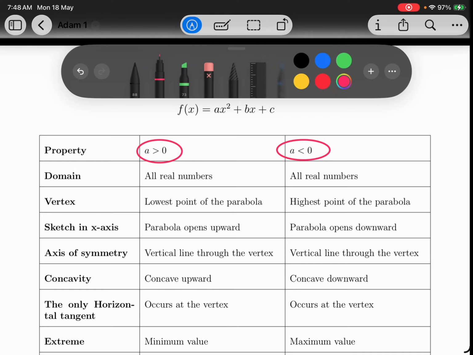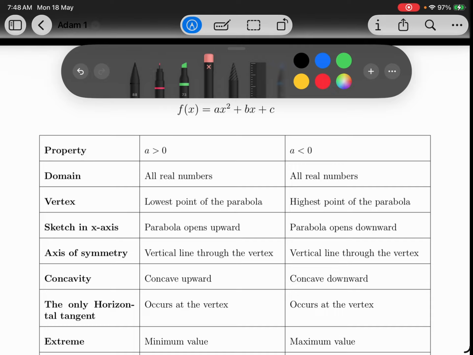In this list, you will realize how this a leads the properties of this sort of function, and maybe that's why they call it the leading coefficient. Its sign decides many features and properties of this function and its behavior.